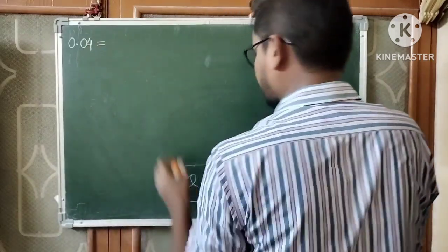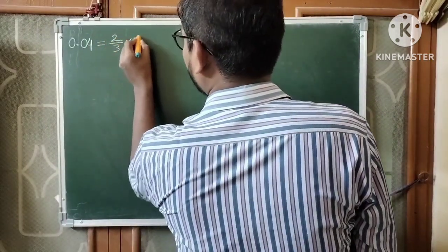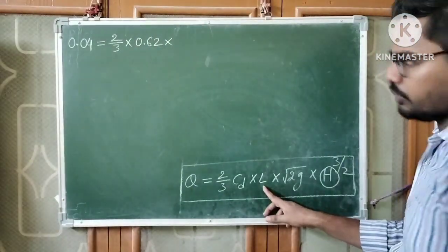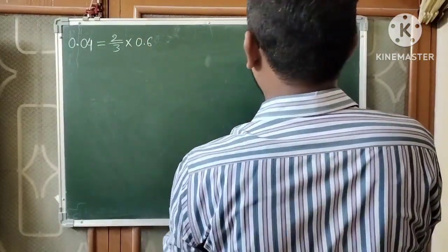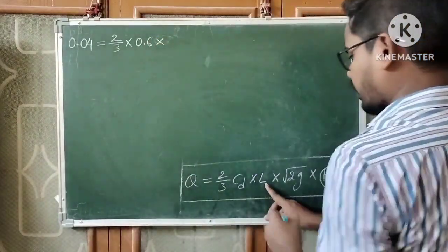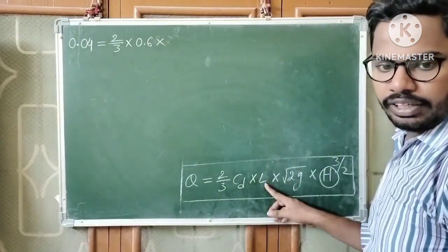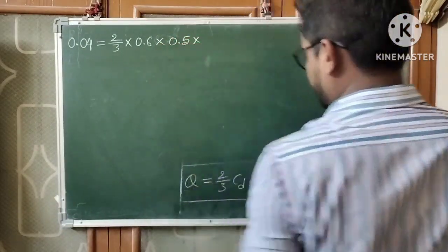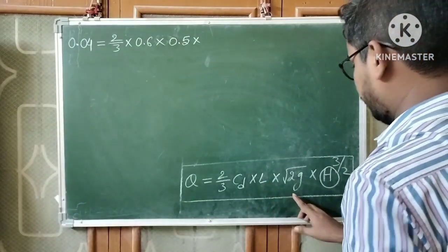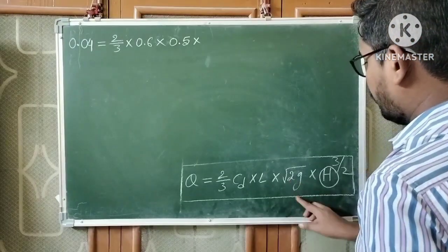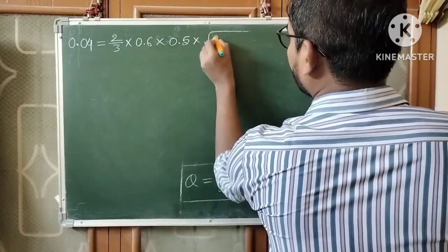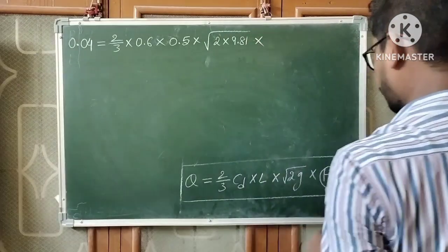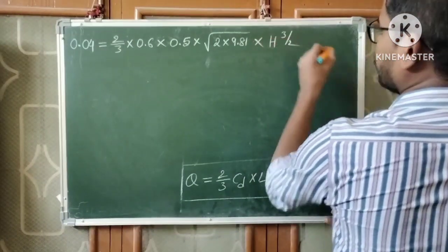So 0.04 is equal to 2 by 3 into coefficient of discharge, 0.6 as given, into L, the length of the rectangular notch, 0.5, into root over 2 into 9.81 into H power 3 by 2.